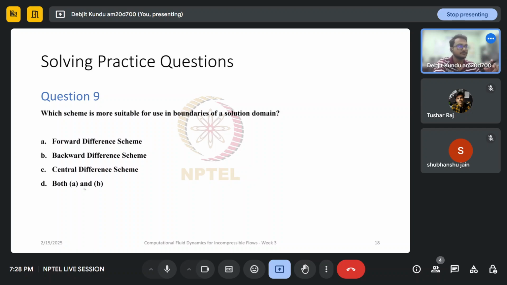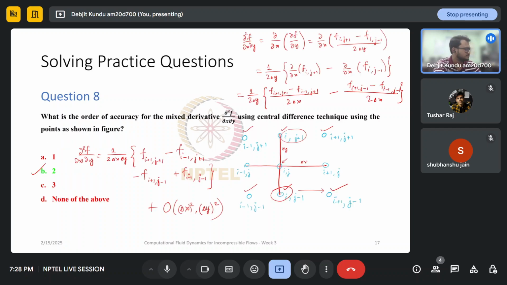Let's go back. I used the central difference scheme to find dou y over here, so the order of accuracy is delta y squared, and it remains that because I'm not differentiating with respect to y anymore.